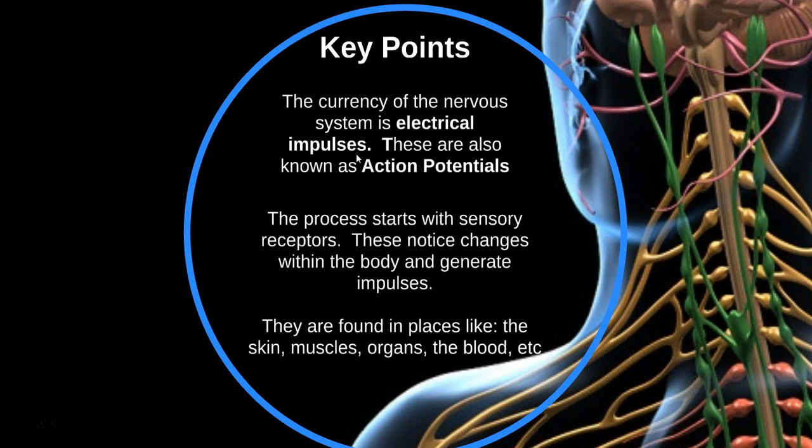The process, as we've said, starts with the sensory receptor, noticing changes within the body or around the body, and then generating impulses. They will send that off to the brain and spinal cord for analysis before an action may be thought up. The whole process starts with sensory receptors in your skin, muscles, organs, the blood, etc., that are sending these messages in to keep the body informed about what's going on.